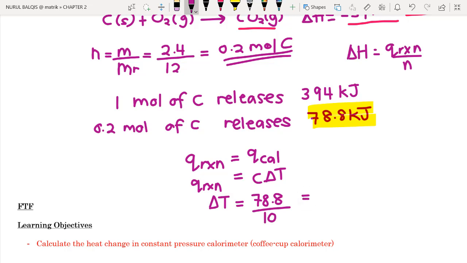Lastly, you're going to get a temperature change of 7.88 degrees Celsius. This is our temperature change for this combustion reaction.